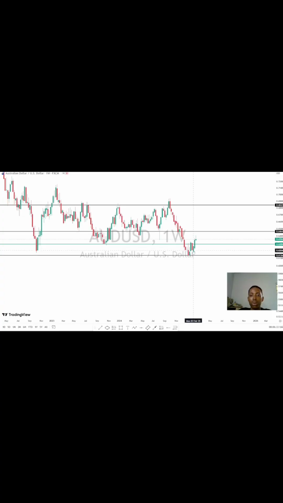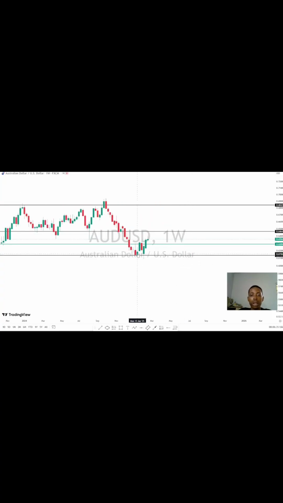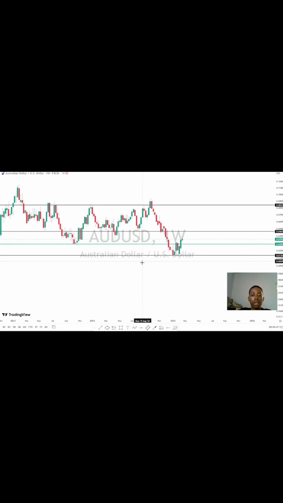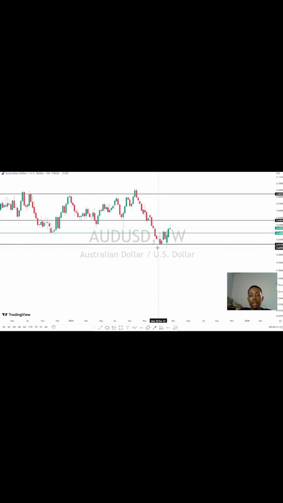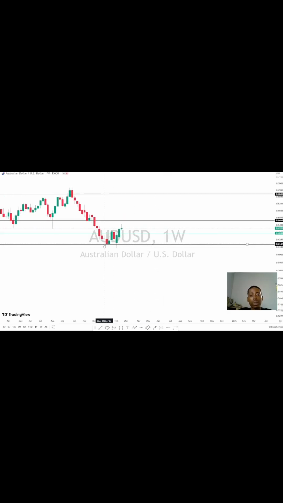If you can see here, this was a push from here to here. Initially, when this candle formed, I thought that this market would at least break this level, but with this pattern here, I can see that the AUD/USD has currently formed a double bottom at this level.